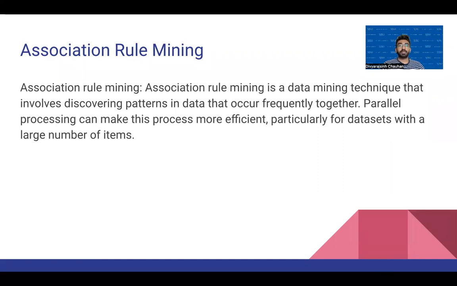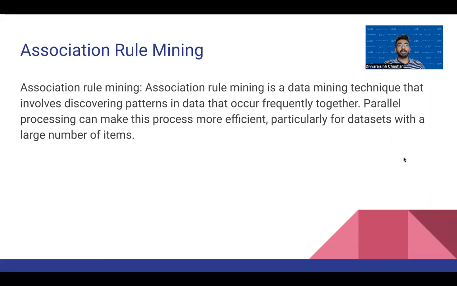This technique works by analyzing the frequency of co-occurrence of items in a data set, and then generating rules that specify the relationship between them. These rules can then be used to make recommendations or predictions about future behavior. So association rule mining is particularly useful for identifying unexpected relationships and patterns that may not be immediately apparent to the human eye.